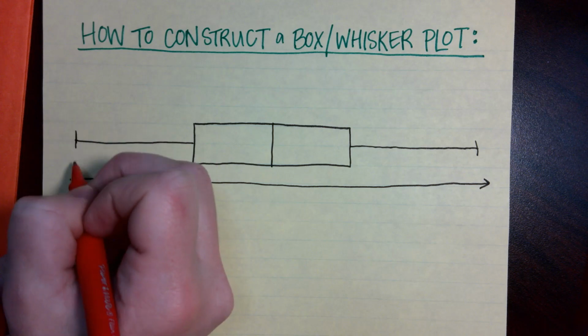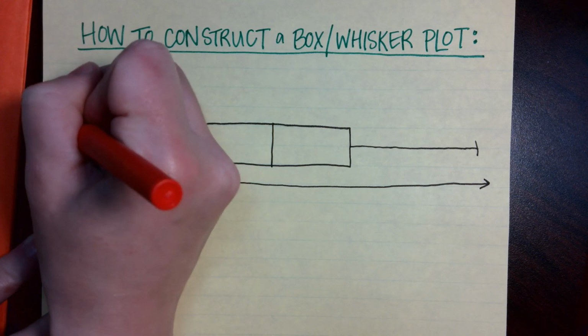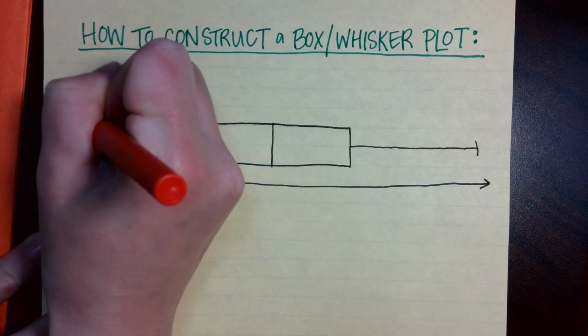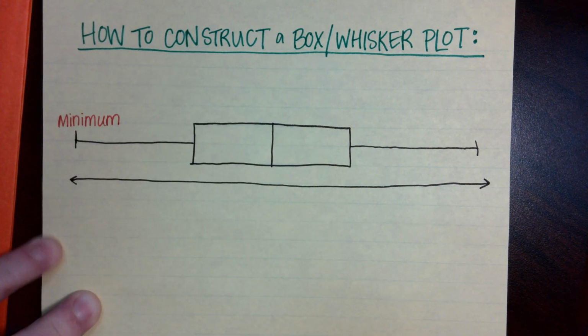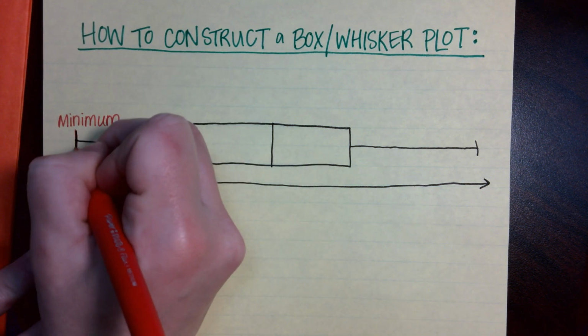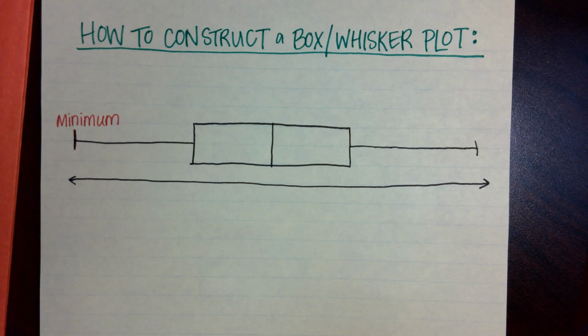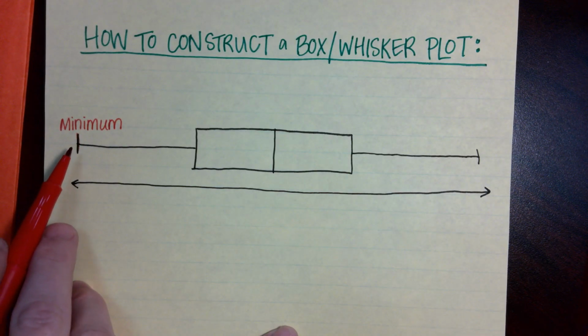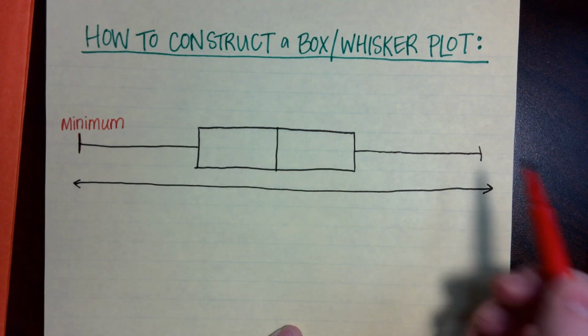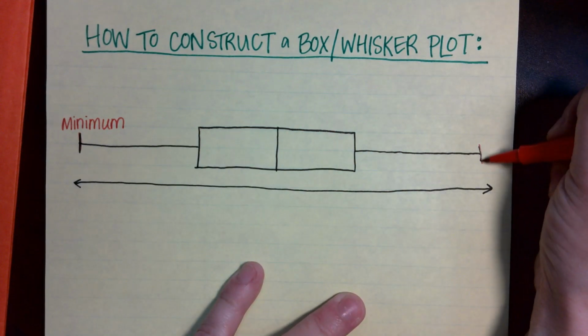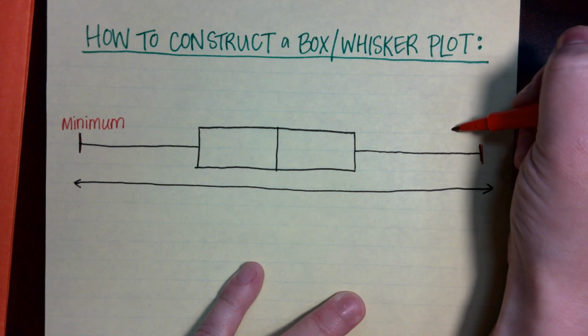So this is your minimum, your smallest value. And if this is your minimum, what do you think the far right one is? Maximum. Your maximum. Good. So this will be your largest value.